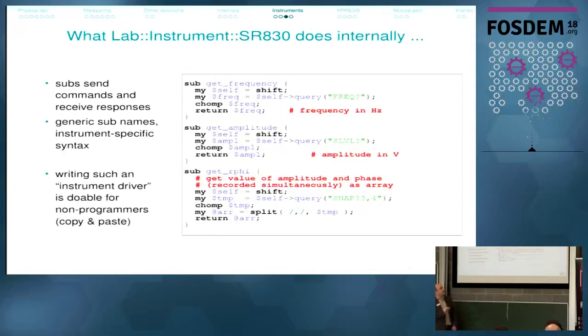And similar also RV here, where we get two values at the same time and then return them as an array. As you can see, this is kept deliberately simple, so people who are not Perl specialists can improve it and extend it by simple copy and paste.